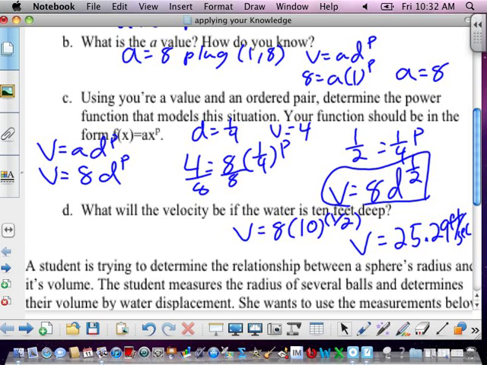Is the oil slick getting bigger? So it's increasing. So we know the power function is going to be positive. So you're going to have to figure out what it is when it's positive.